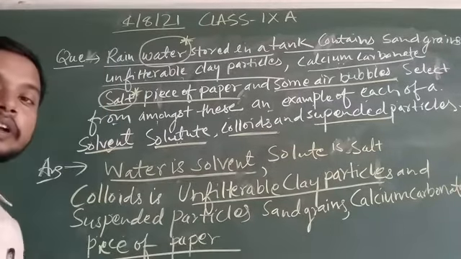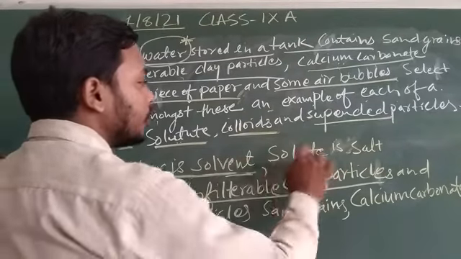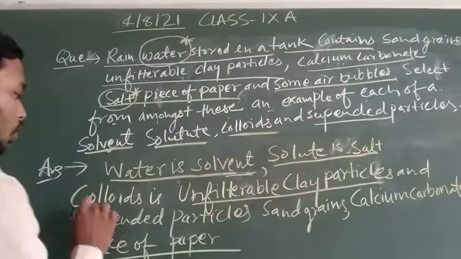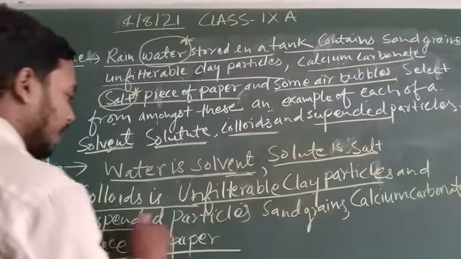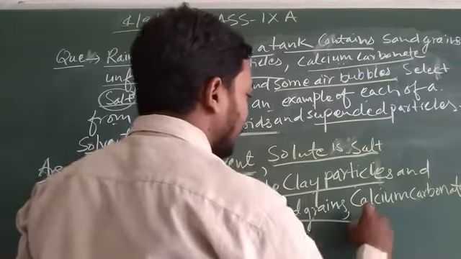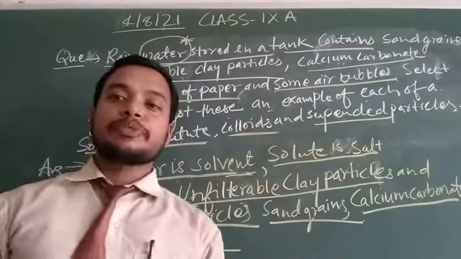So in this way we can categorize that water is a solvent, solute is salt, colloids are unfiltrable clay particles, and sand grains, calcium carbonate and piece of paper are suspended particles.